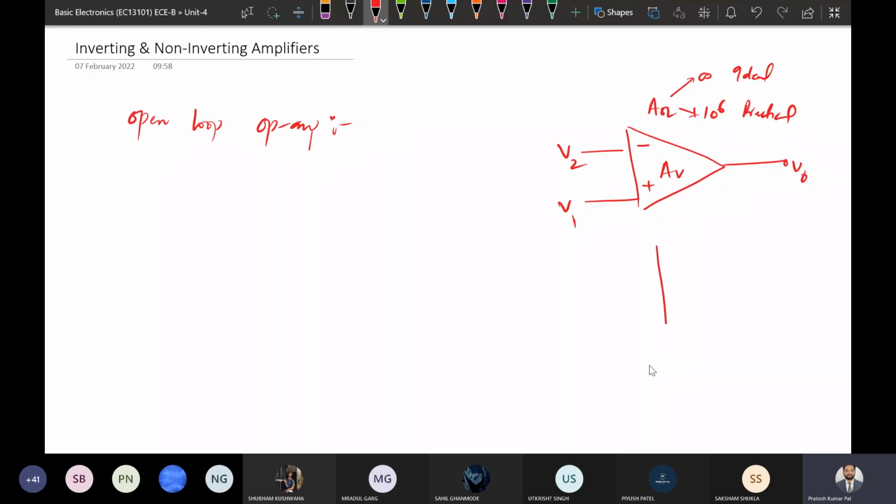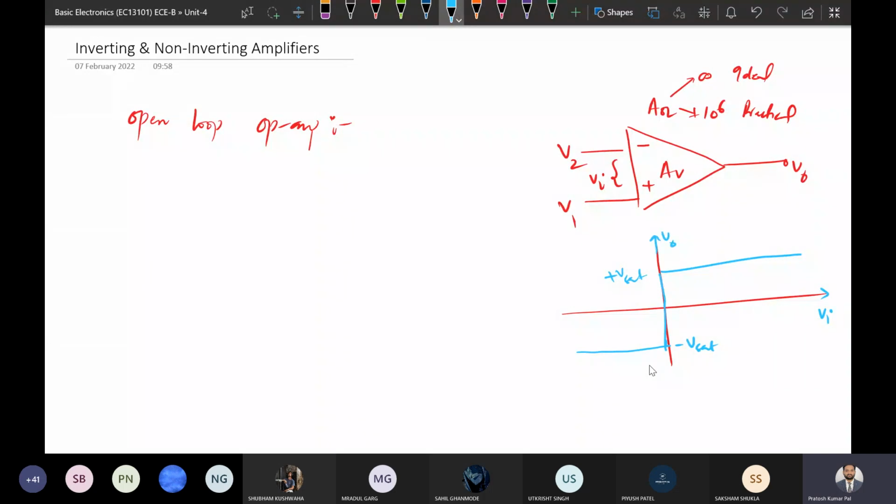With respect to whatever input is there, the input will be the difference of these two. With respect to that, we get the output. If it is an ideal one, the output will be either plus V sat or minus V sat. This is your input and this is your output.